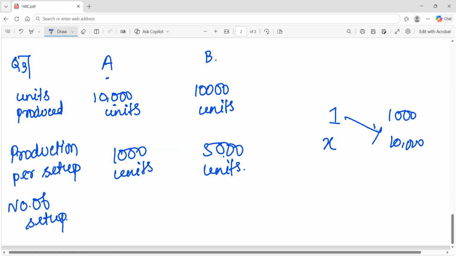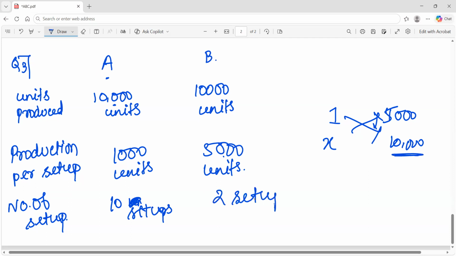So it is 10,000 divided by 1,000, we get 10, so not 10 units, 10 setups. Whereas for product B, in one setup, we are producing 5,000 units. So how many setups is required to produce 10,000 units? So we require only 2 setups.